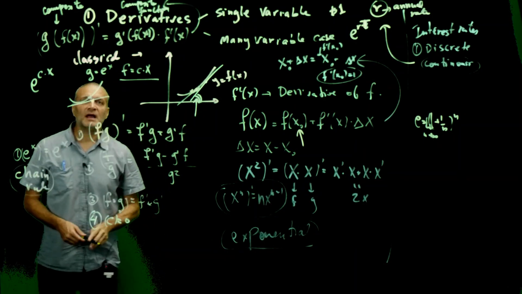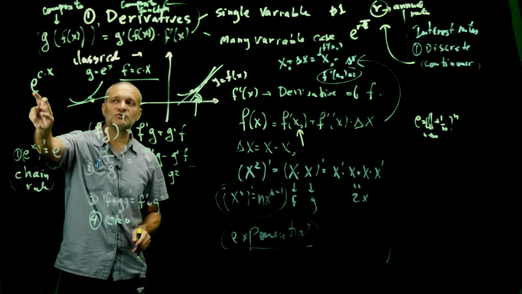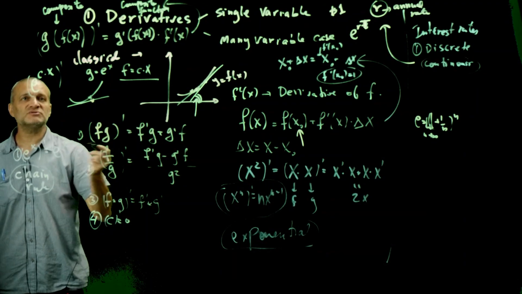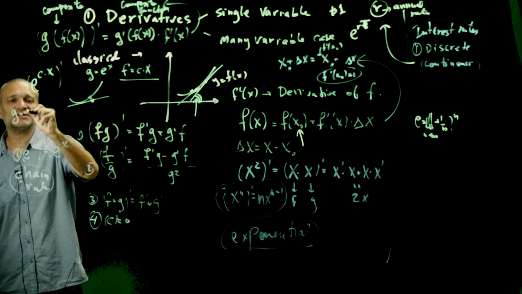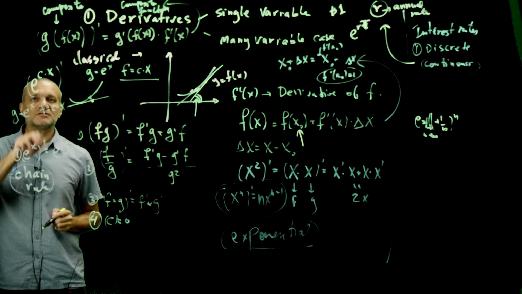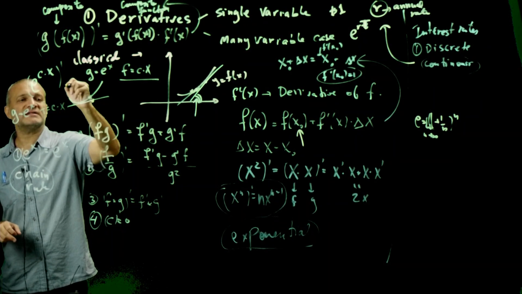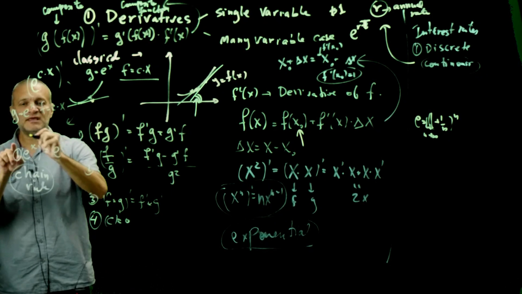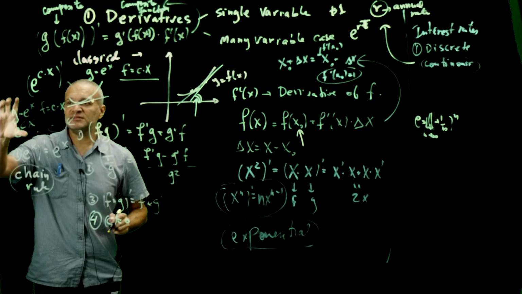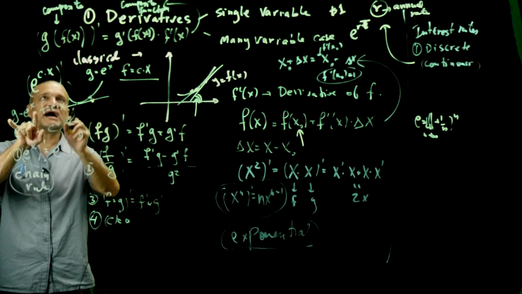How do you calculate this? In order to calculate this, you need g and you need f. g, we said, is e to the x. f is c times x. So when you calculate this, what will you get? You will get e to the cx times c, because this is going to be g prime of f of x.